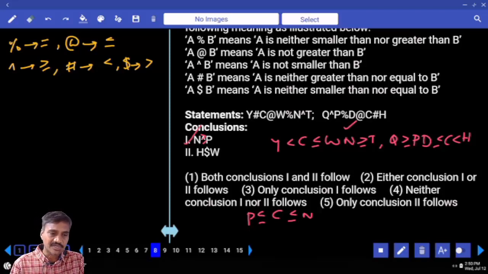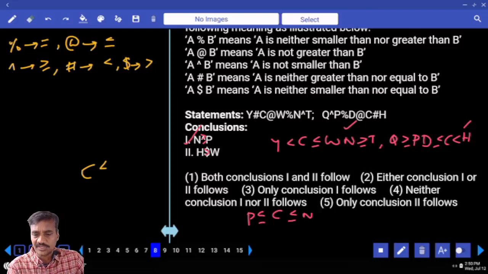And second, H and W. Dollar stands for H greater than W. H is here, W is here. Which element is common? C is common. Now C to N. Now C to H we need to find out, right? C is here and H is here. Which element is common?